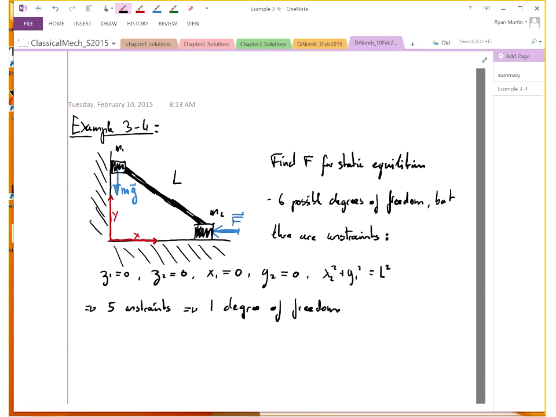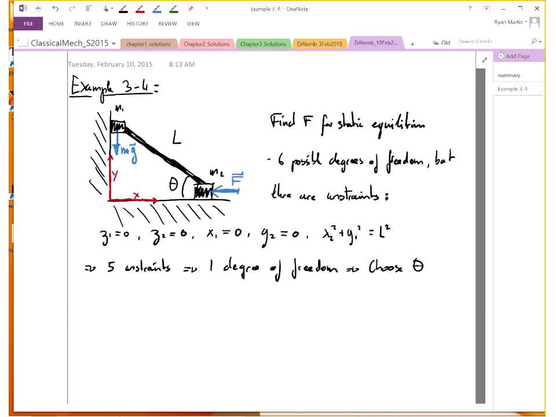So let's choose a degree of freedom. And let me choose the angle theta. So we really need to be able to describe the system in terms of our angle theta.